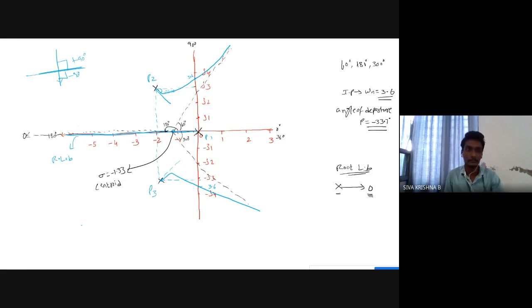Completed, all of you? Yes, completed. Okay. Next, note down some points. The above plot shows the complete root locus.